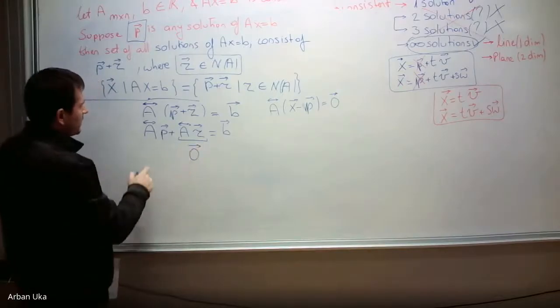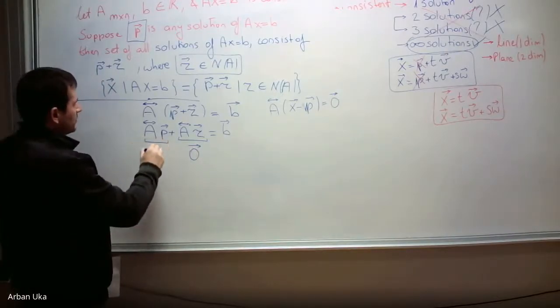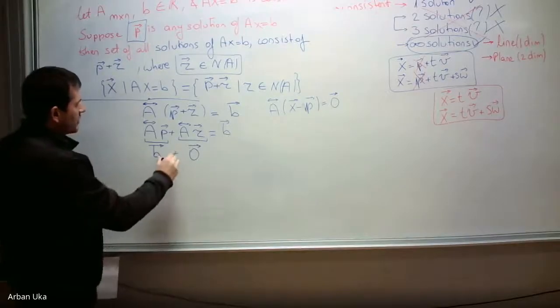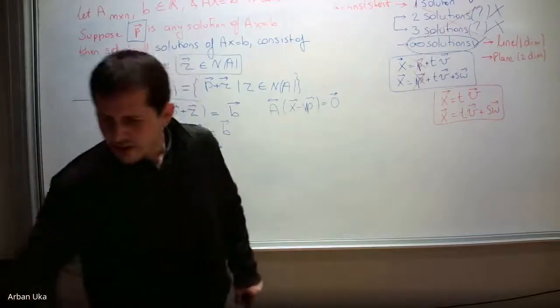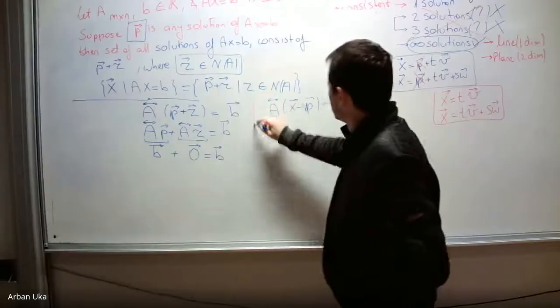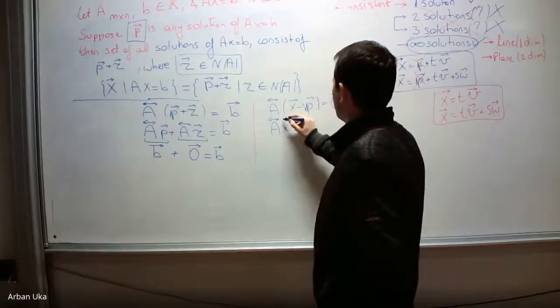That is 0. You are right. A times X is B. So here we have AX, which is B, and AP, which is B. B minus B will give us 0.